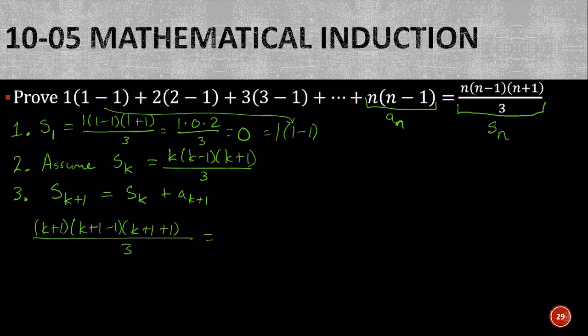That equals S of k plus A of k plus 1. So I need to take the A formula here and put in a k plus 1. So it's n times n minus 1. Do some simplifying.